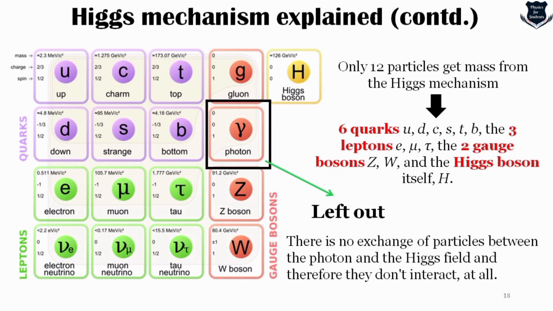In the same context, there is no exchange of particles between the photon and the Higgs field, and hence they do not interact, and because they don't interact with each other, the photon does not have any mass. So this answers the question of how photons escape the Higgs field.